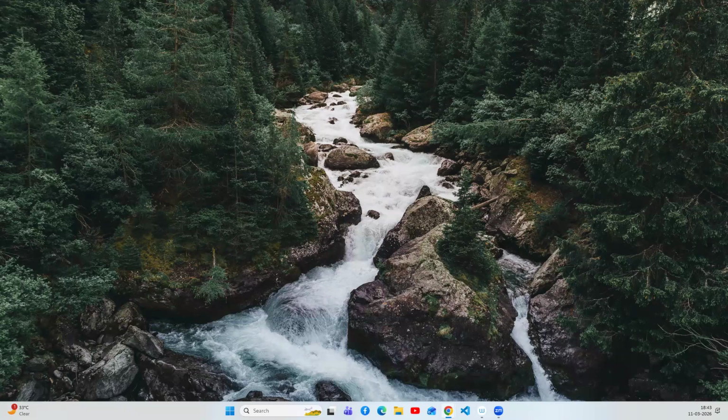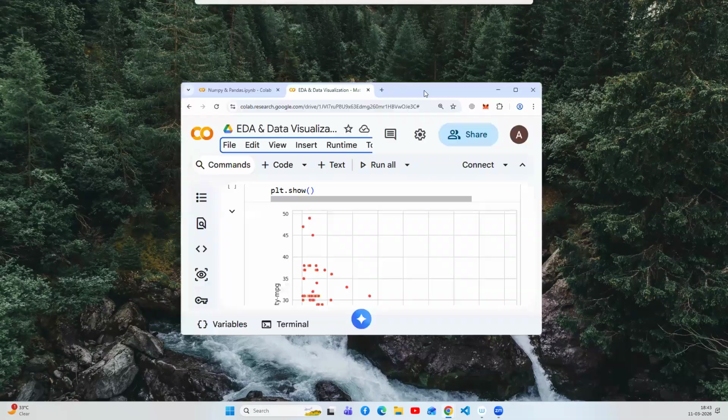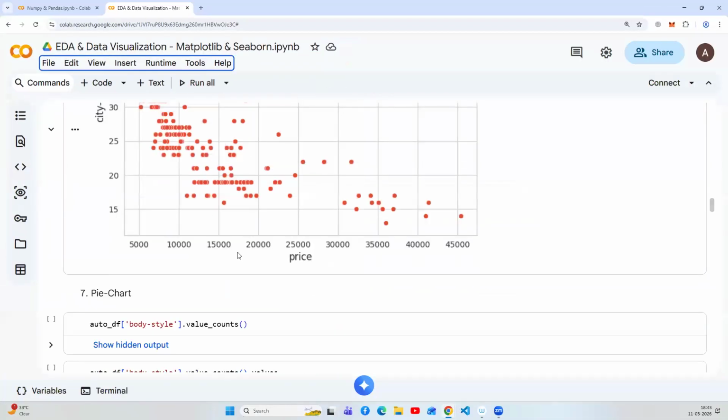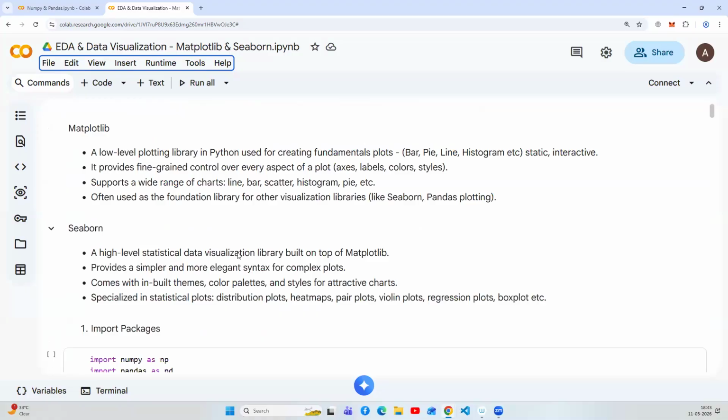Actually, we have done this particular example. Here we go. This is how things are done. This is what we have done.